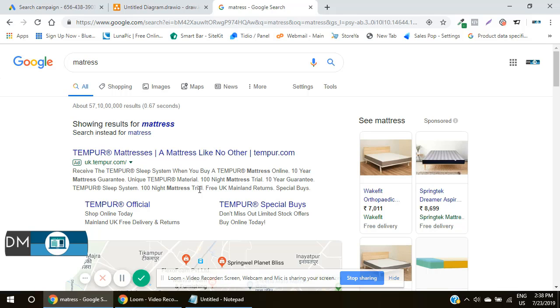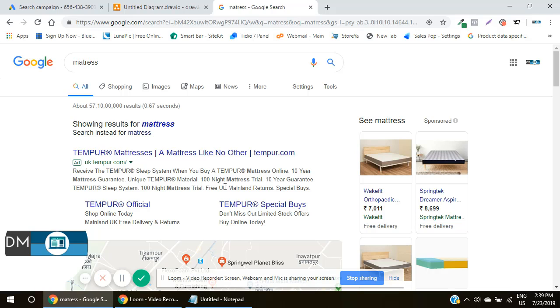And in the keywords, obviously he might have used keywords like mattress, and other keywords like that, so that the ads can be triggered.